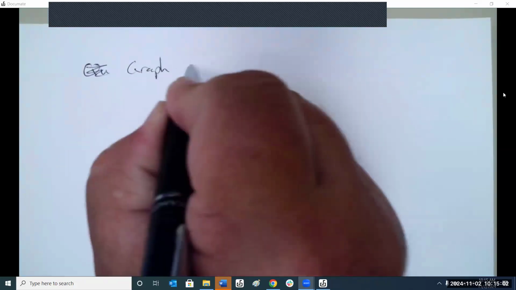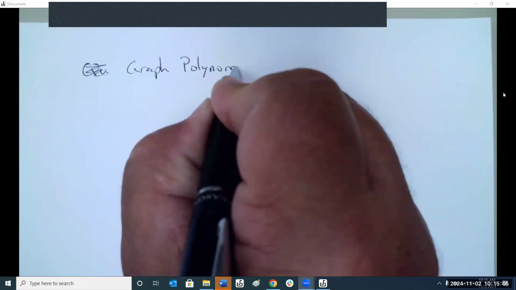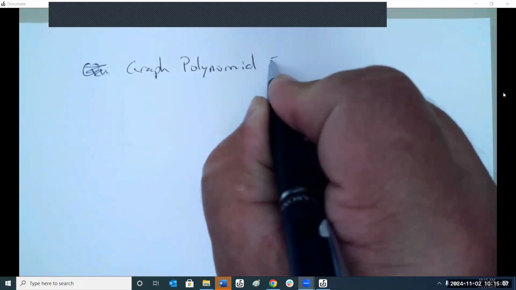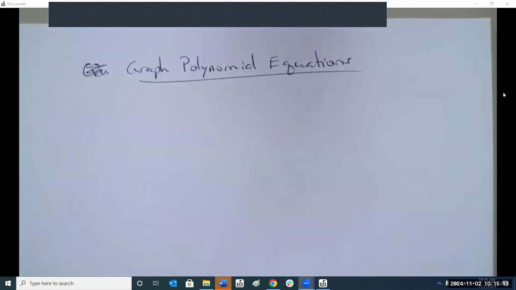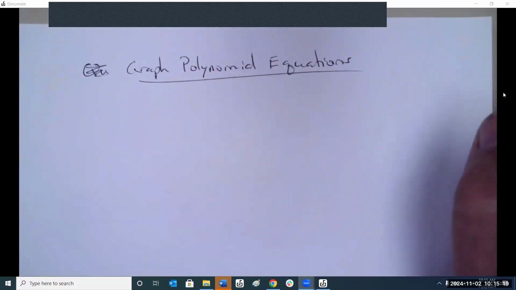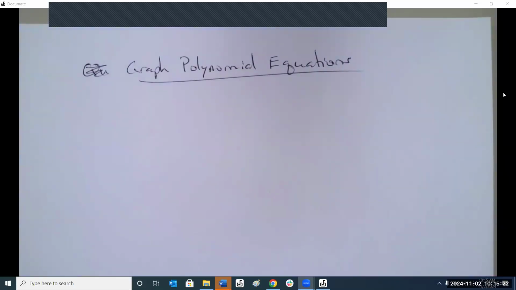These are just the quadratics. If you're graphing polynomial equations, in quadratics we were pretty lucky in that we now have a method of factoring the equations. We have a couple of methods, actually.